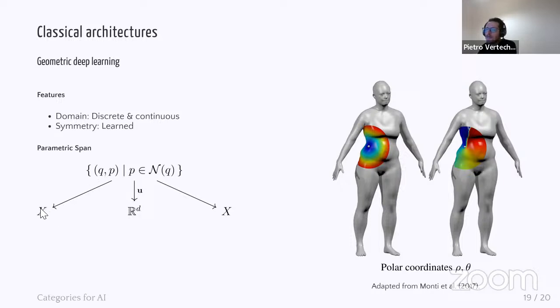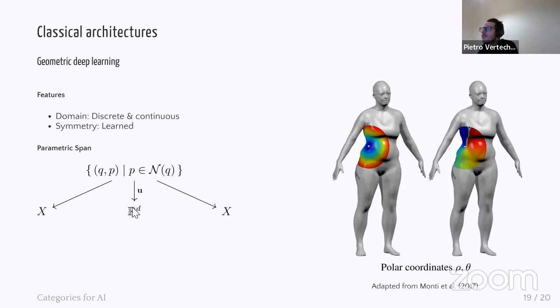The input and the output are both this surface X. The edges are the pairs of neighbors, QP, where P is in the neighborhood of Q. Mapping this pair to Q is the first arrow S. Mapping this pair to P is the arrow T, and our local coordinates go to R to the power of D, which is the dimensionality of the manifold.